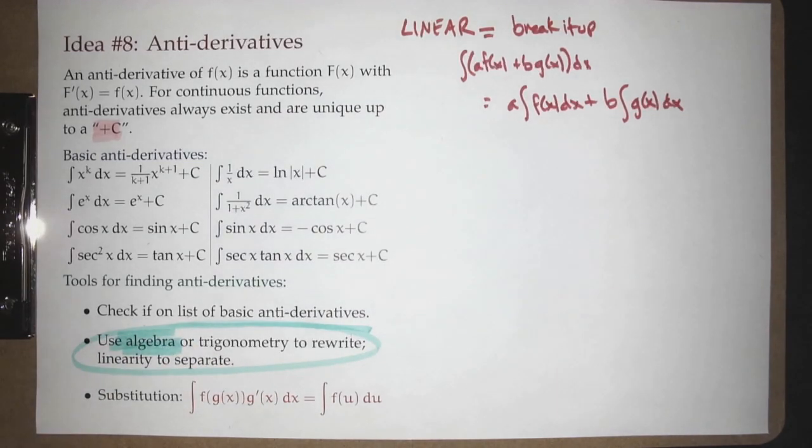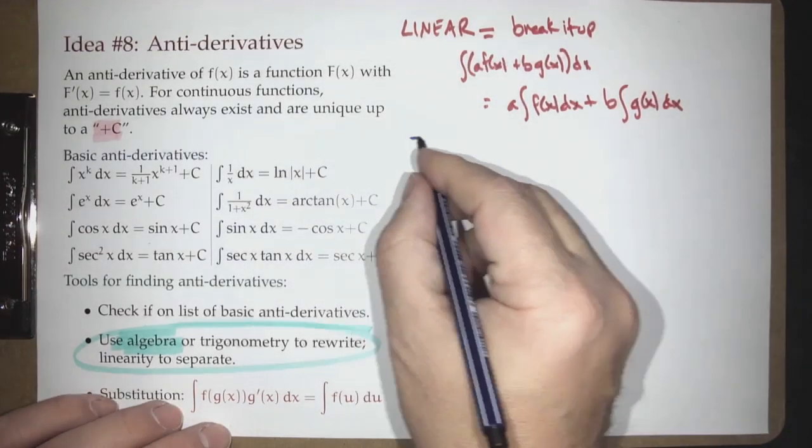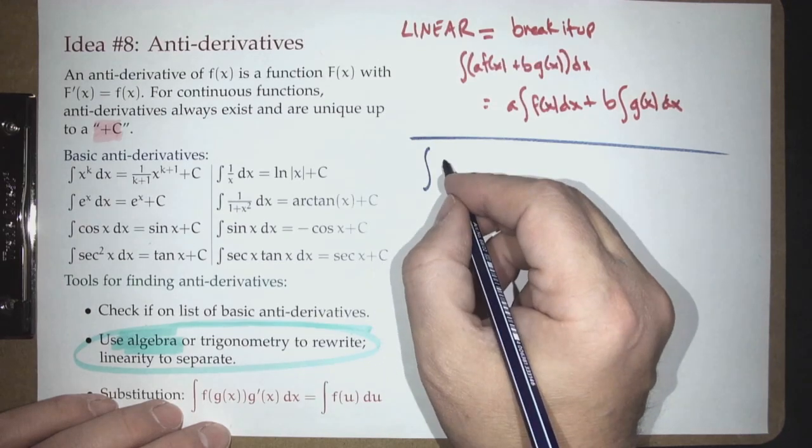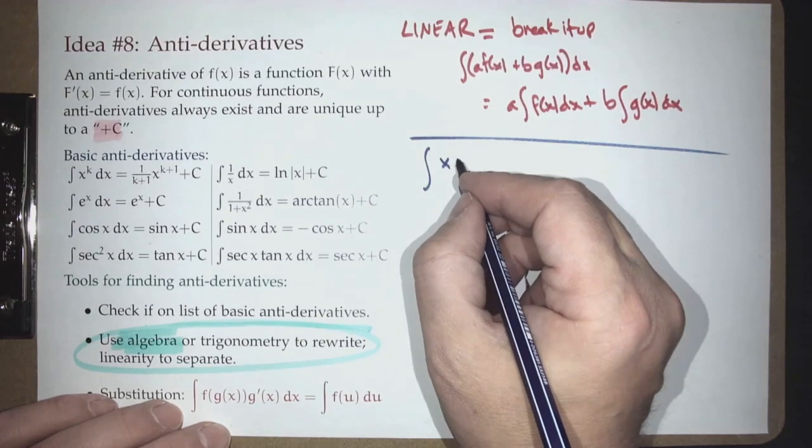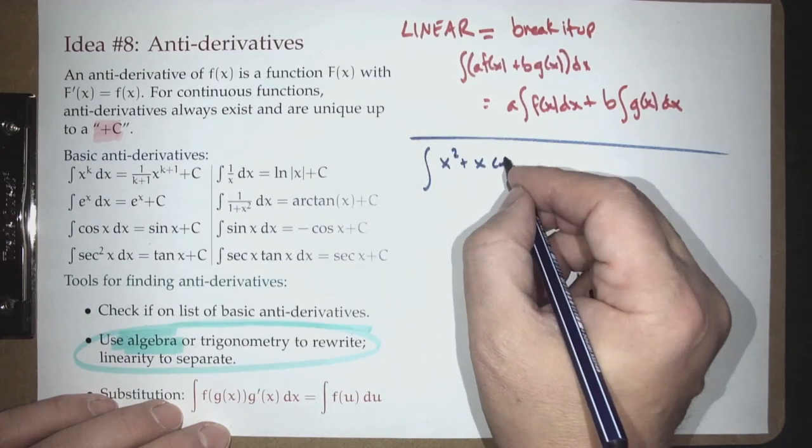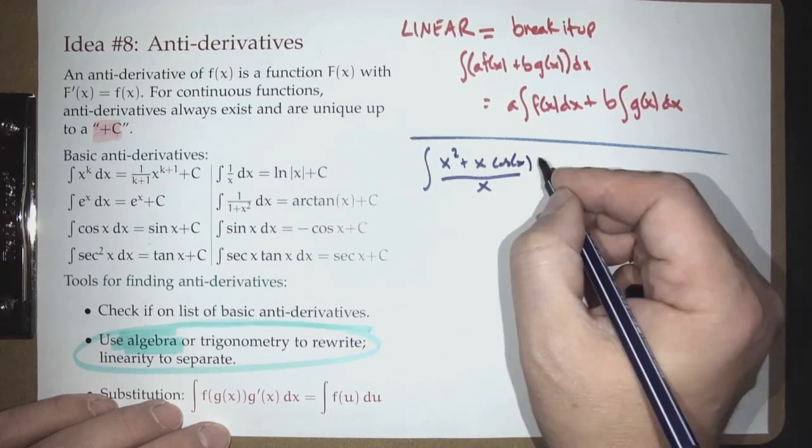Be open. If you see algebraic things to do, like maybe you can expand or you can break things up. If like you have a lot of stuff on top, you saw this, for instance, on the 3rd exam. You said, oh, what if I have something like the integral of x squared plus x cosine of x over x?